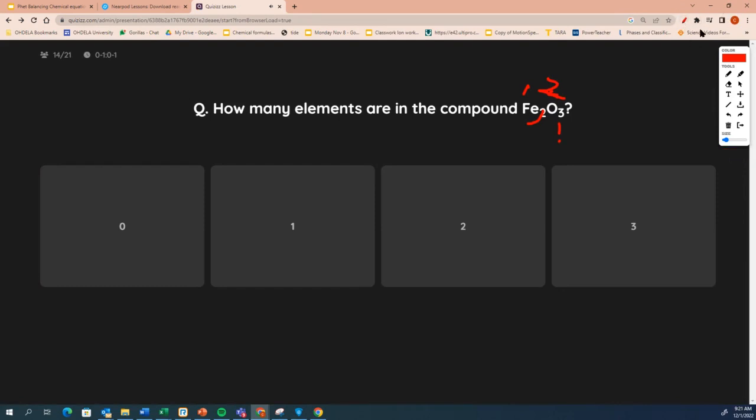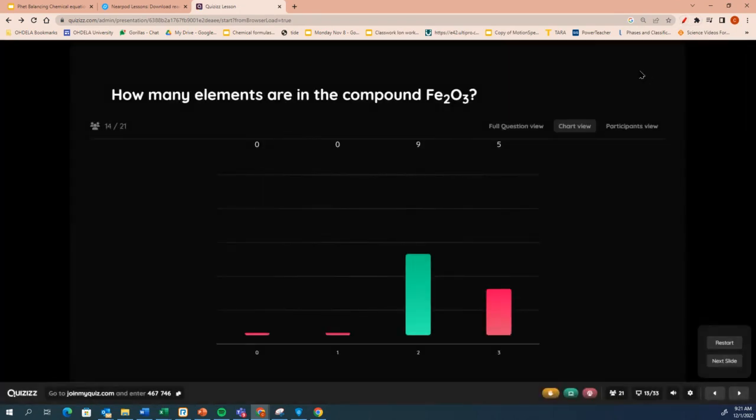Let's get rid of that. All right, so many of you, I'm not sure where, oh, okay, sometimes people think that little E is an element. So remember, it's the capital letter and little letter.